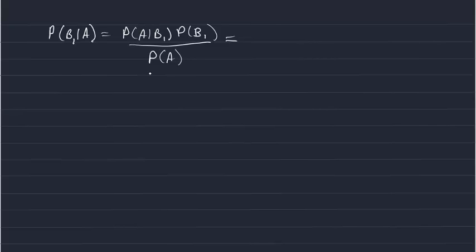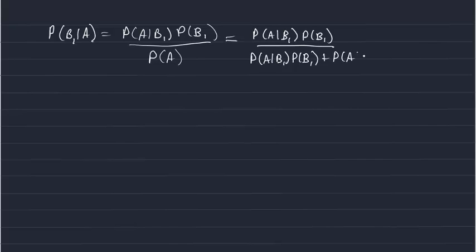And remember, from any basin we have to sum up all the possible causes, or in this case the possible sources, of a marine fossil. So we would write the probability of A given B1 times the probability of B1, plus the probability of A given B2 times the probability of B2.